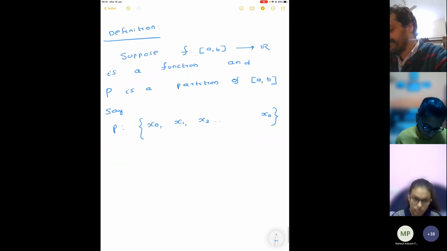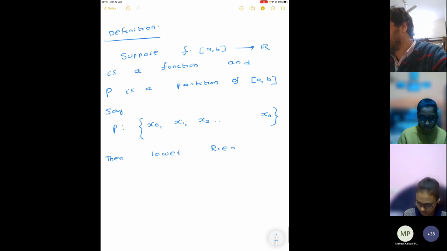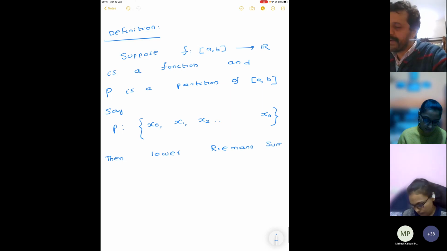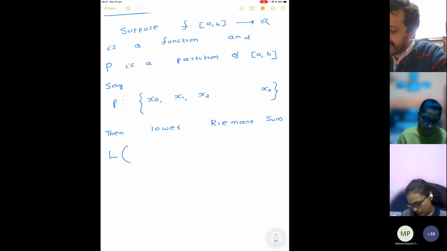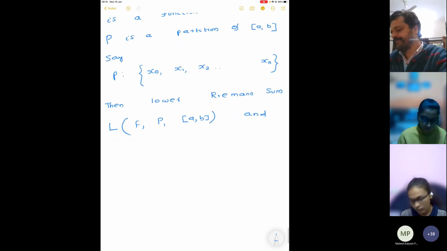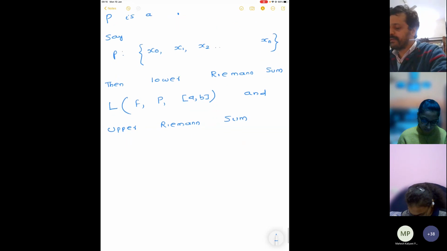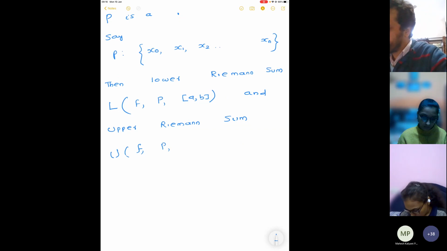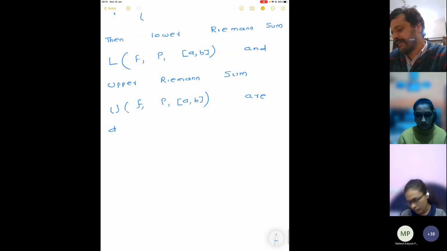Then the lower Riemann sum, the notation I am putting is L, f, P, AB, and the upper Riemann sum, I will denote it as U, f, P, AB, are defined as follows.